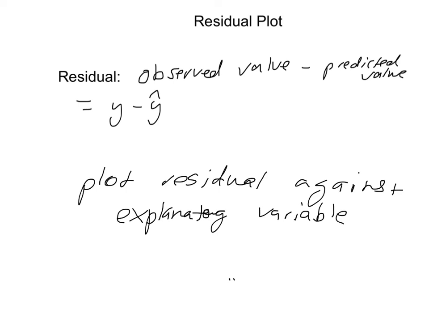So this is when you have your equation log y hat equals a times b x. When you calculate the residuals for everything, then you're going to plot that against the explanatory variable. So it'll look like x versus residual.